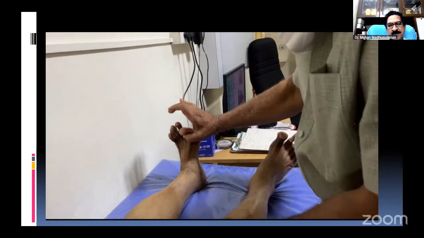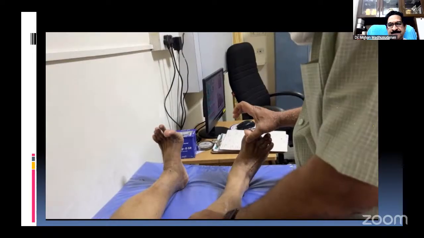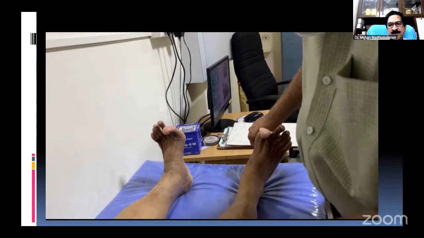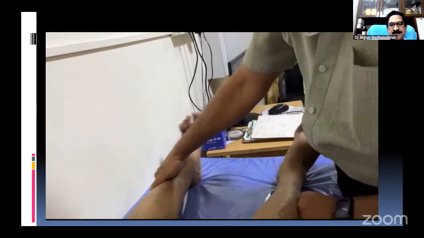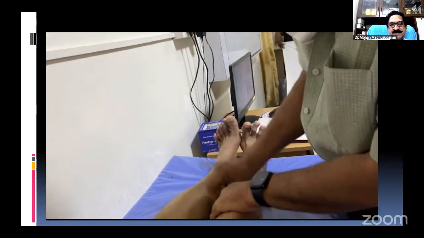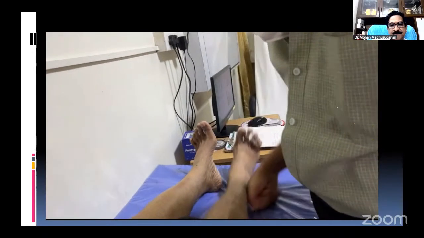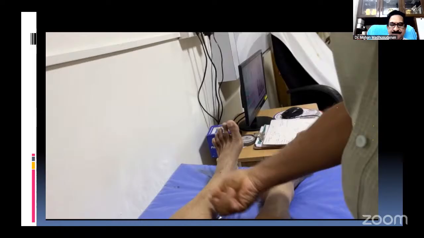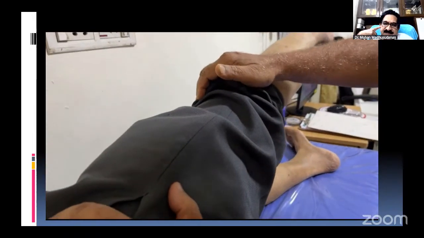EHL weak on the right. Plantar flexion was normal. Hip abduction testing was normal. Hip flexion and extension were normal. When lying on one side, he has mild weakness in hip abduction.